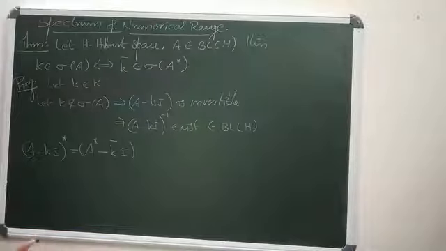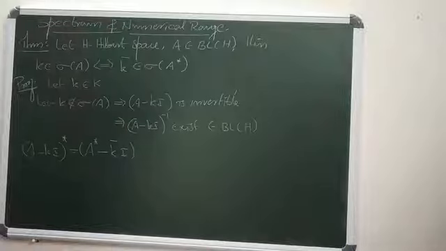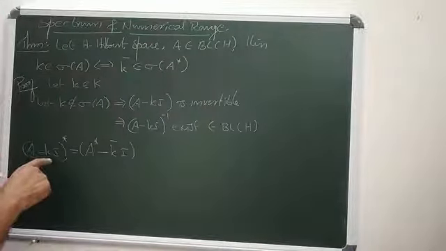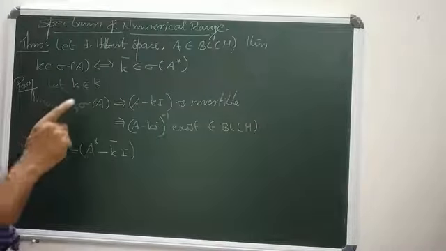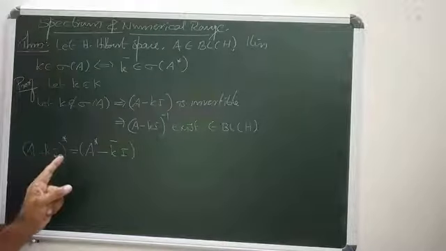So we know that when A is invertible, A star is invertible. That's a well-known, already proved theorem. The theorem states that (A minus K I) star equals A star minus K bar I. So when A minus K I is invertible, then (A minus K I) star is also invertible.